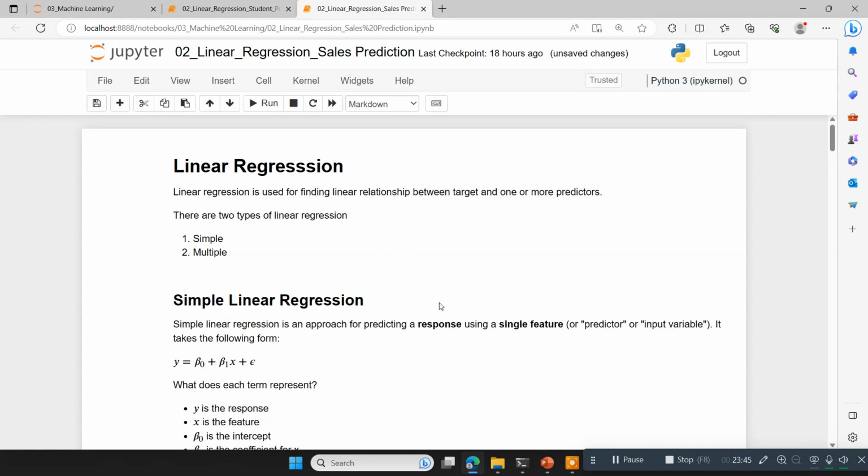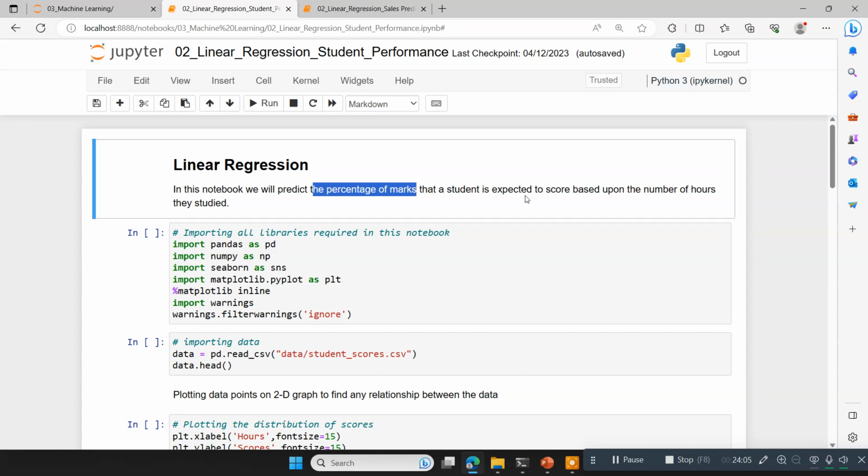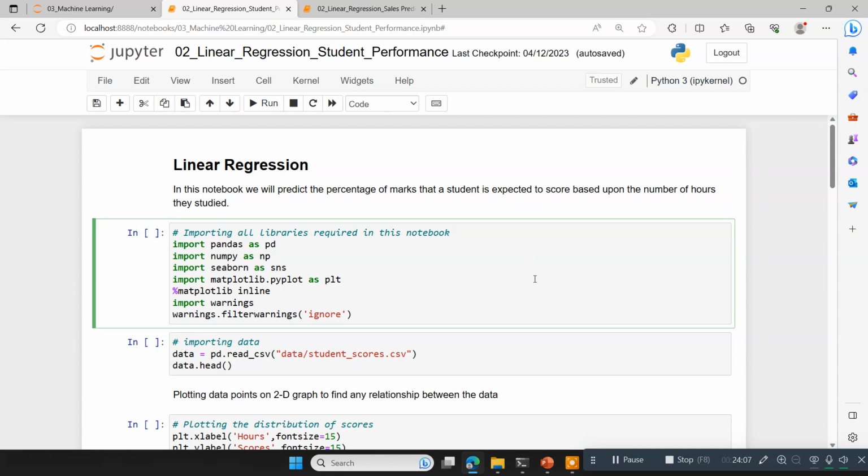So next I would like to take one more example in building the regression model. So here we have a data set, and with this data set we would like to make a prediction: predicting the percentage of marks a student is expected to score based on the number of hours studied.